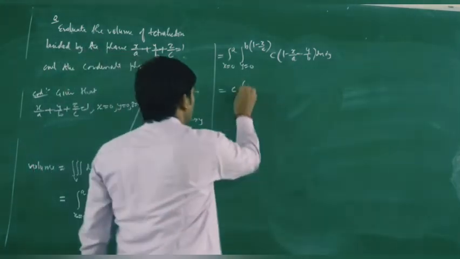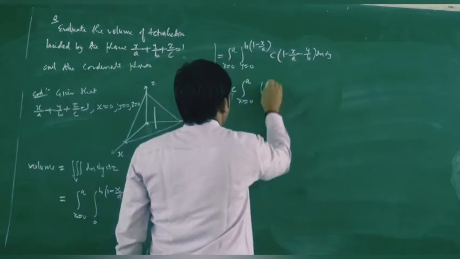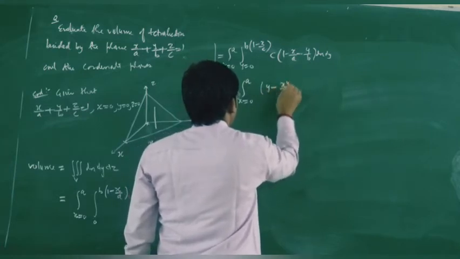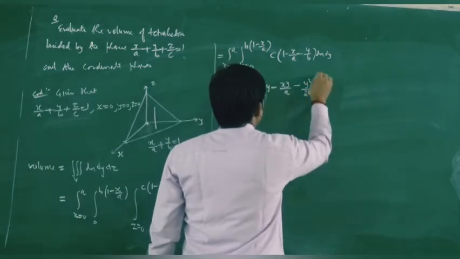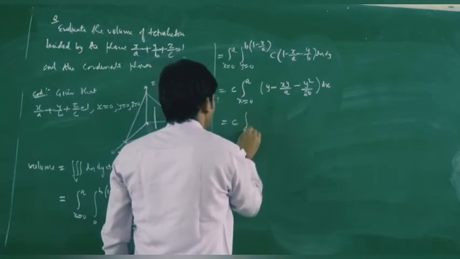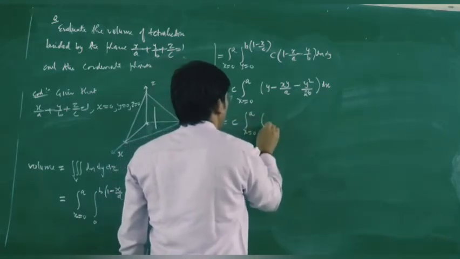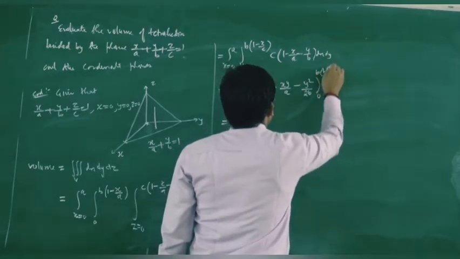Now let us integrate with respect to y. On integration with respect to y, the integration of 1 is y, then we will have xy upon a, then y square upon 2b, and then integration with respect to x. So this is equal to c, x from 0 to a, and y from 0 to b times 1 minus x upon a.